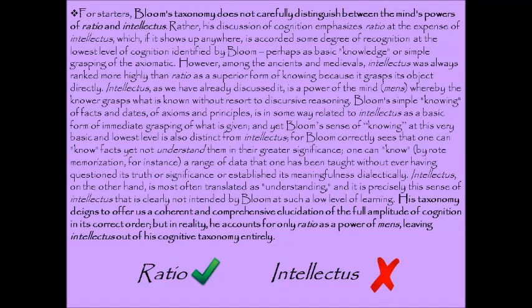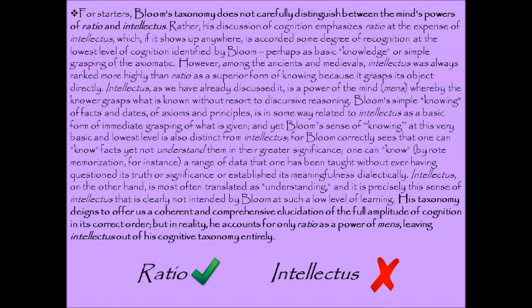For Bloom correctly sees that one can know facts yet not understand them in their greater significance. One can know, by rote memorization for instance, a range of data that one has been taught without ever having questioned its truth or significance or established its meaningfulness dialectically. Intellectus, on the other hand, is most often translated as understanding.